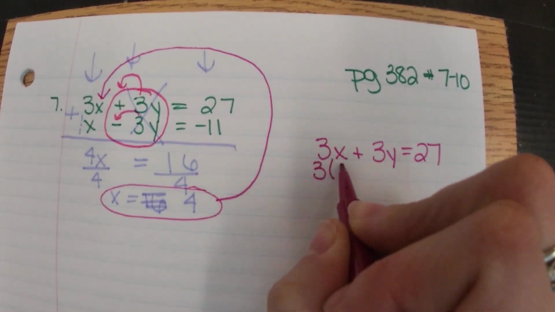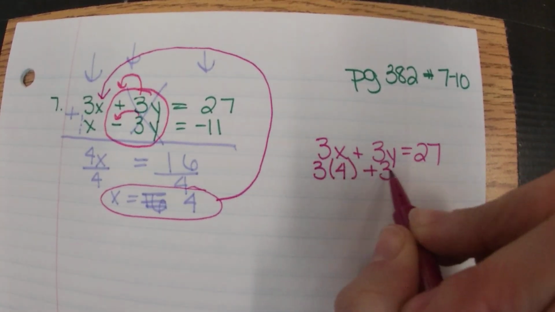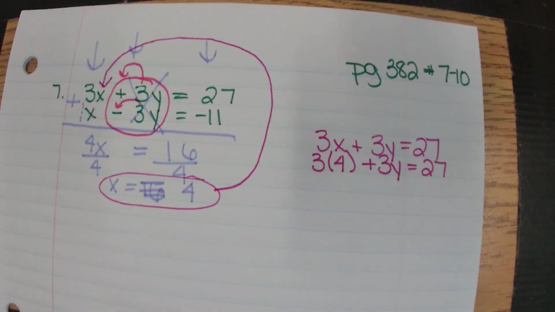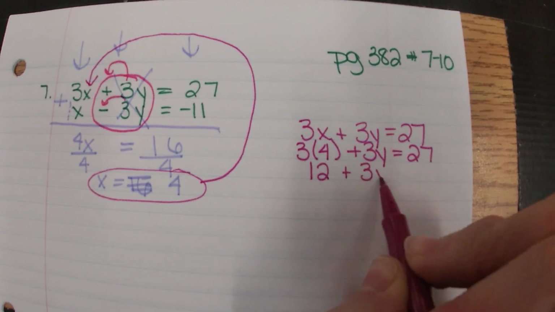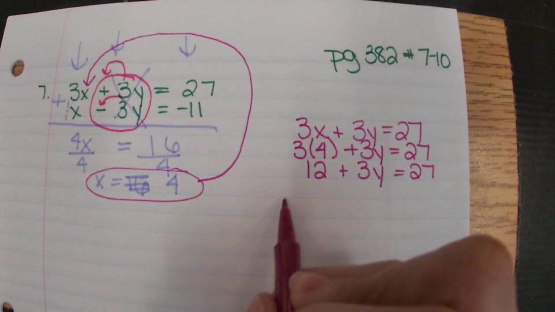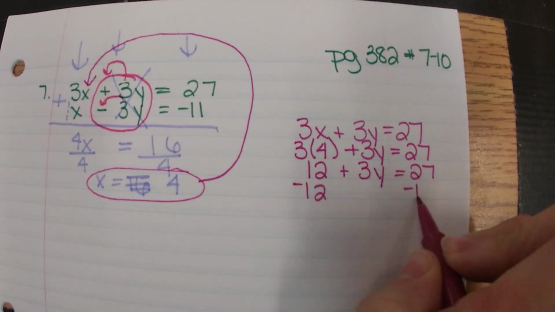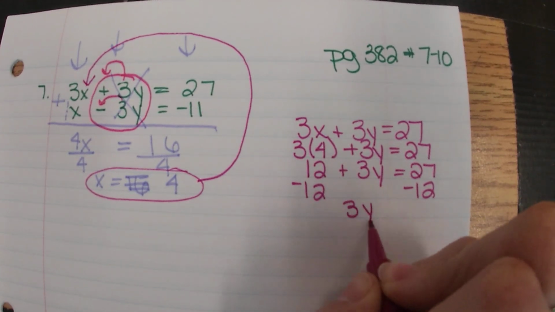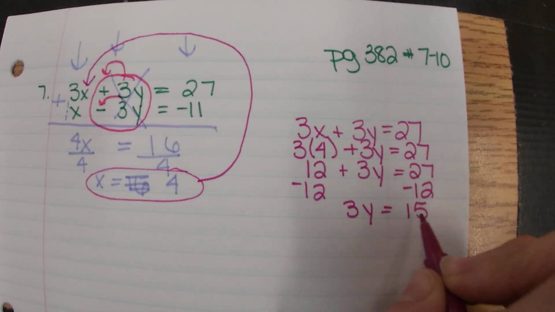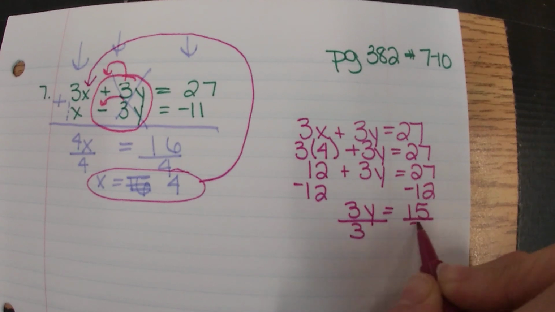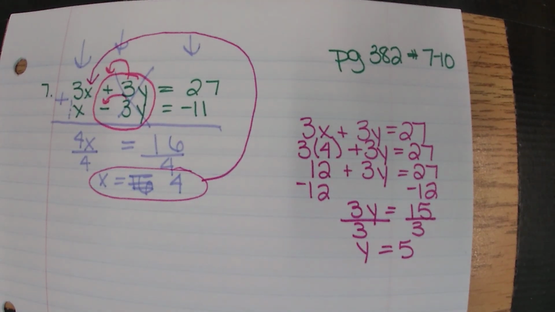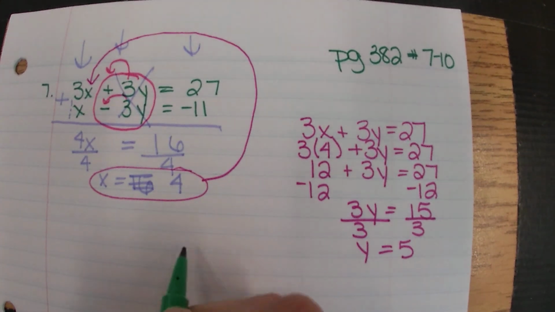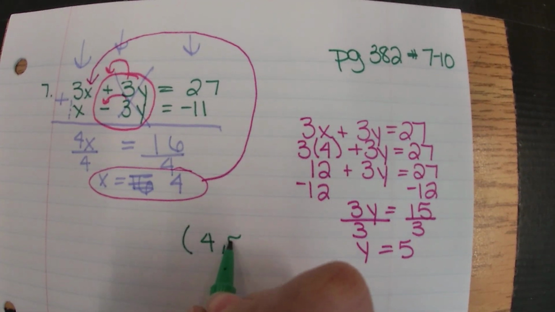So I'm going to say 3 times 4 plus 3y equals 27. 3 times 4 is 12. Subtract that 12. Get 15. We'll undo multiplication with division. Y equals 5. And so if we write our final answer as an ordered pair, we will have (4, 5).